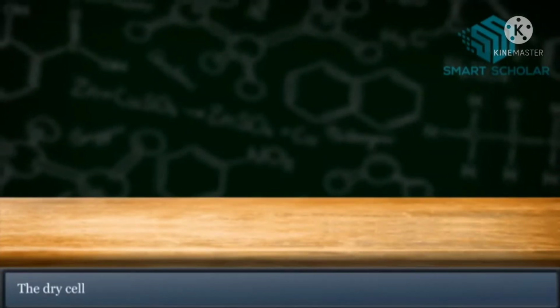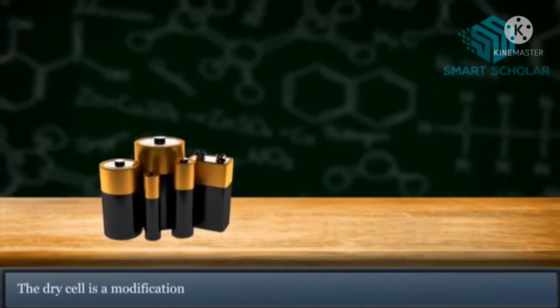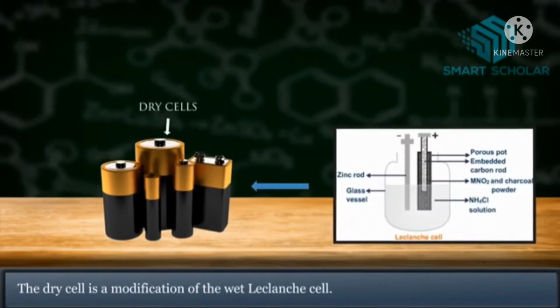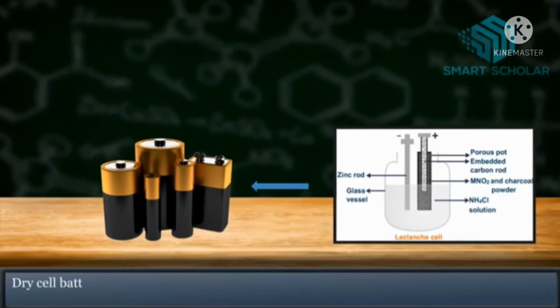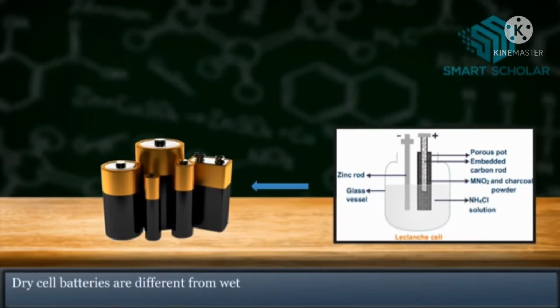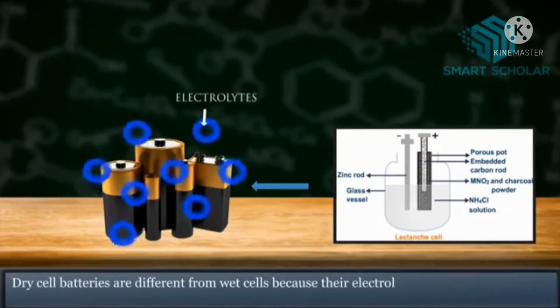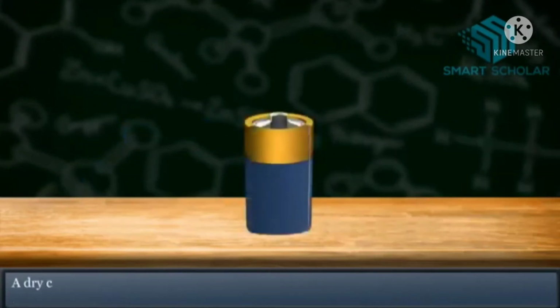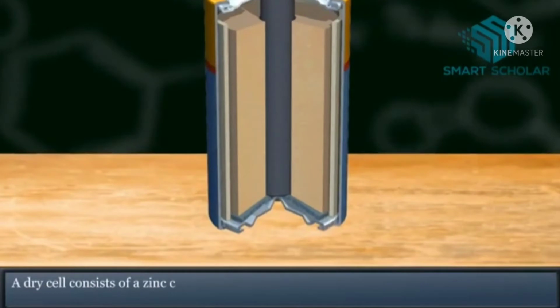Now let us understand the mechanism and the actual structure of the dry cell internally, how it appears. The batteries are different from the wet cell because their electrolytes are contained in a single cell.